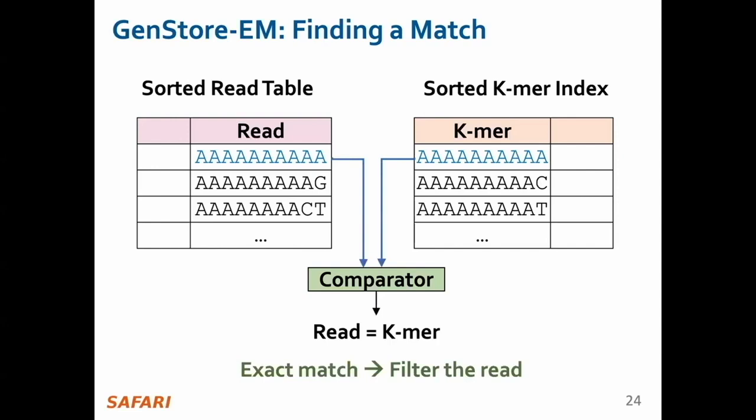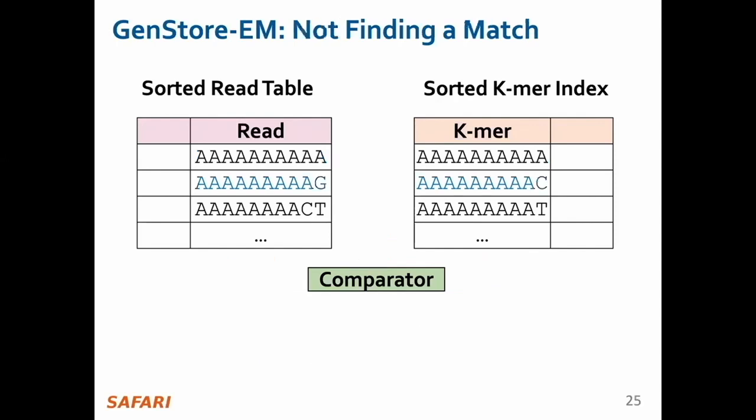It means that it will be filtered out from further read mapping analysis in the read mapper, and it does not need expensive computation. So we mark this read as an exact match and filter it from inside the storage. Then we go to the next element in each of these tables to find more matching or non-matching reads.